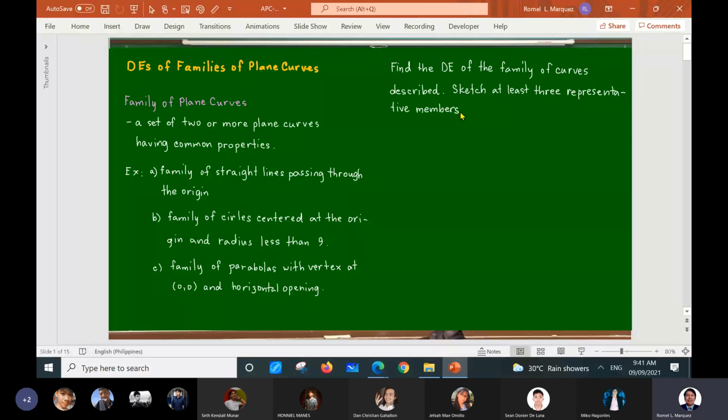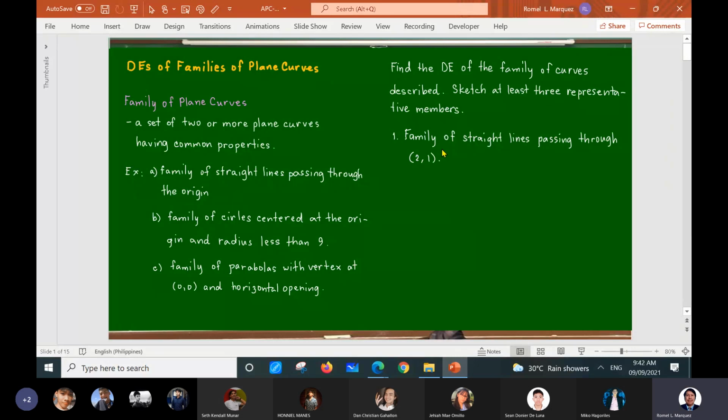Okay, guys. So number one, we have, let's say, family of straight lines passing through (2, 1).